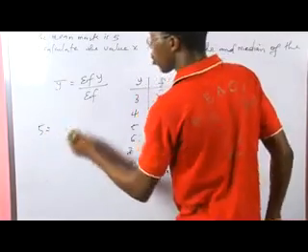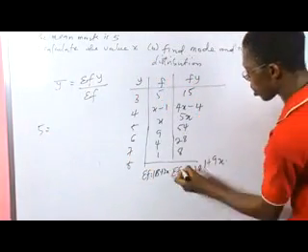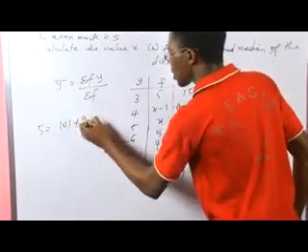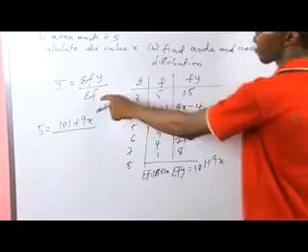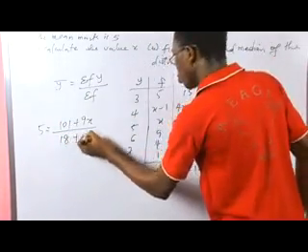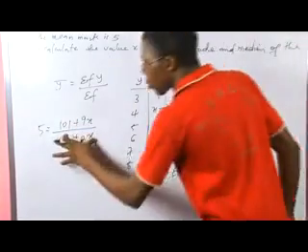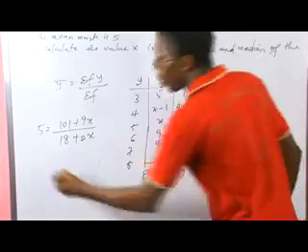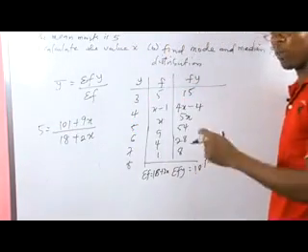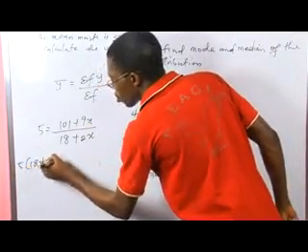So it's now going to be 5 equals the value that we get here, which is summation fy, which is 101 plus 9x, all over the summation of the frequency, which is 18 plus 2x. So what do we do now? We cross multiply. When you move division across the equal sign, it becomes a multiplication. So it's going to be 5 bracket 18 plus 2x.